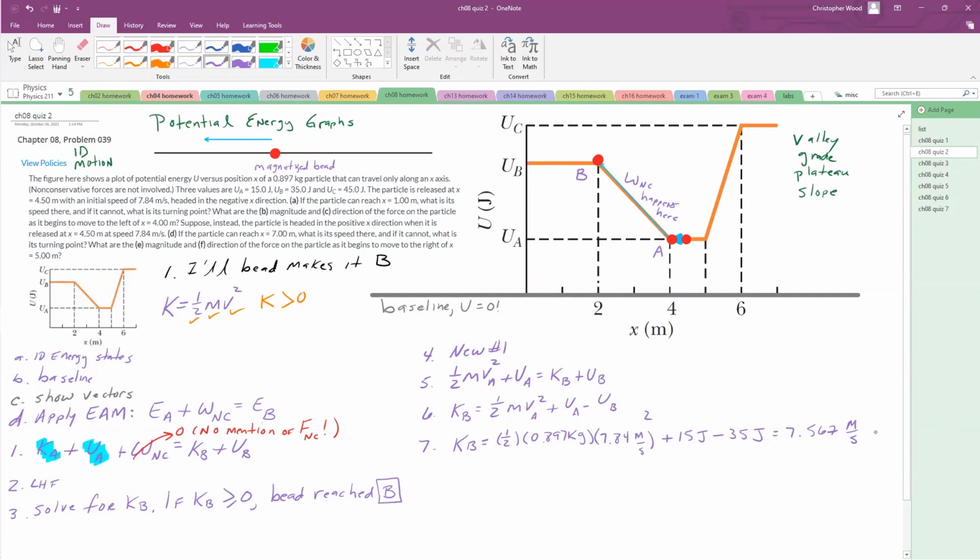So that's it. I've made it. The red bead has made it to the top of the mountain, reached the plateau, because I still have some kinetic energy.